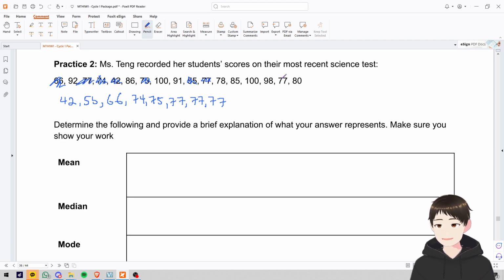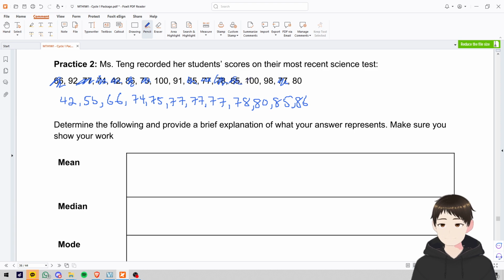I already know what the mode is going to be. 78, 80, 85, 86, 91, 92, 98, 100, 100.